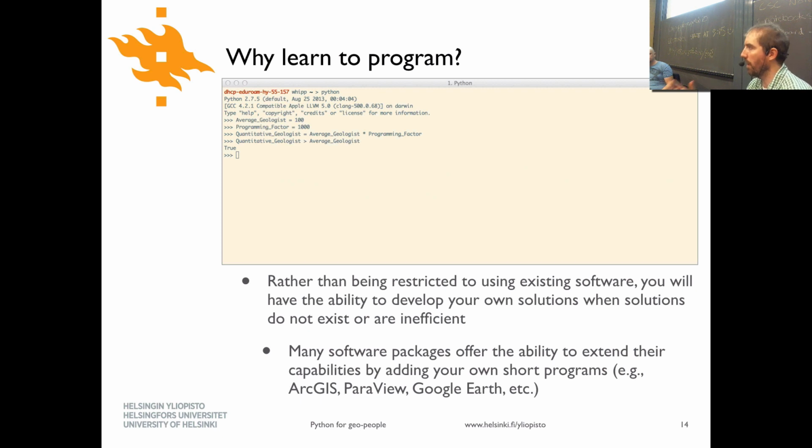If you want to analyze data in a certain way or produce a plot in a certain form, and Excel won't do it, chances are you can figure out a way to do it using Python, and it's more than likely not that difficult. Or you can go on Google and find an example of someone else who's done the same thing and borrow their Python code. In terms of being flexible, there are also many software packages now, like ArcGIS, that include the possibility to directly link in Python programs that you've written.